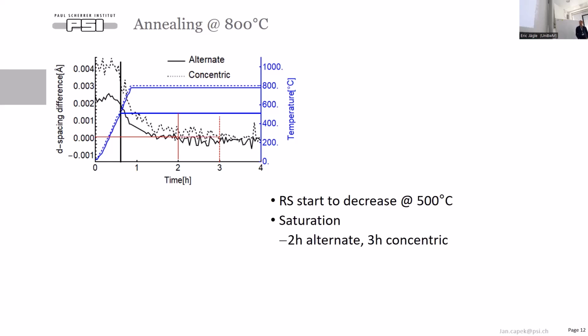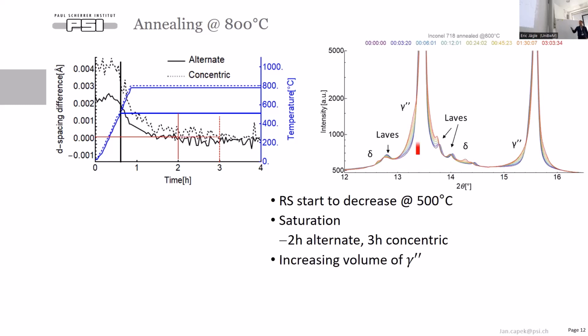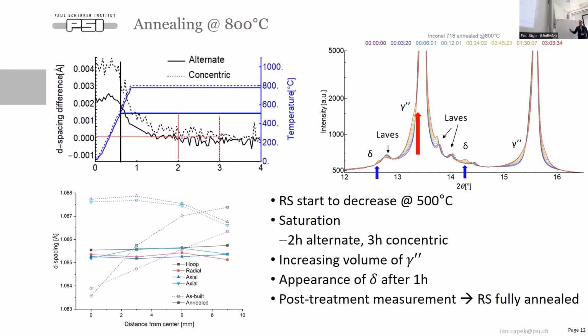For the concentric samples, we needed a bit longer time, and as I already described before, we see increasing volume of the gamma double prime, but also appearance of the delta phase after 1 hour. We also did the measurement of the samples after annealing, the full characterization, and we can observe that the residual stresses were almost completely annealed.